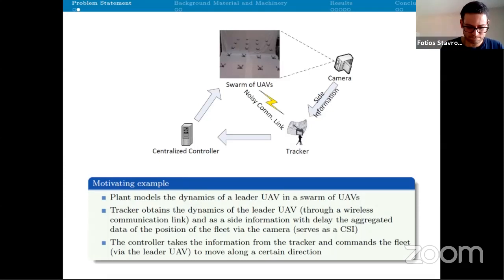The additional data received by the camera to the decoder serves as side information in our system. The controller takes the information from the decoder and commands the fleet via the leader drone to move along a certain linear trajectory.